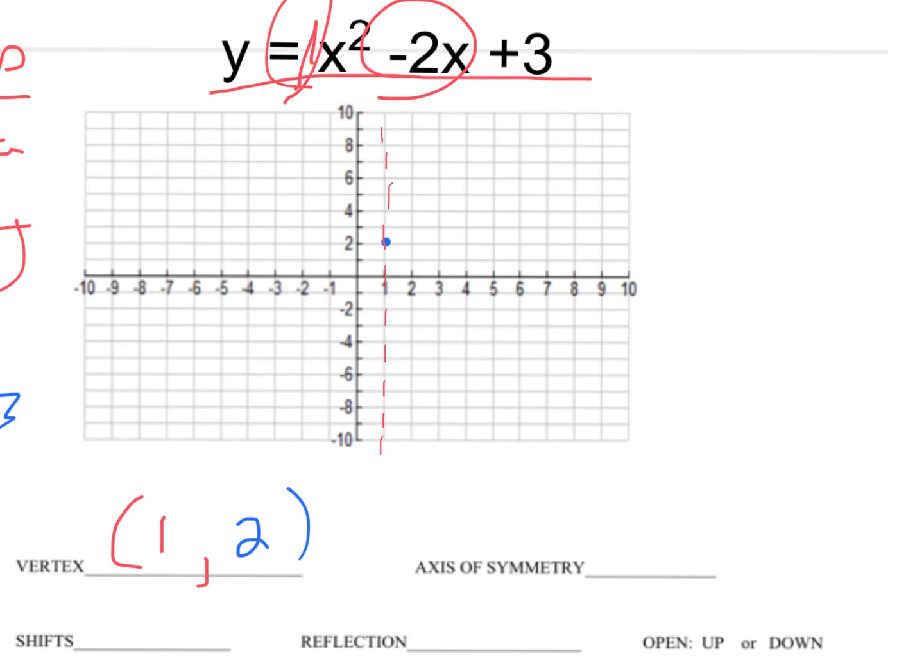So here we go. Okay, right 1, up 1. Right 1, up 3. Right 1, up 5. Now we'll reflect these over the axis of symmetry.